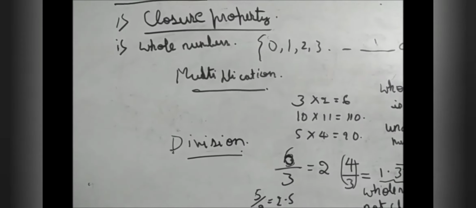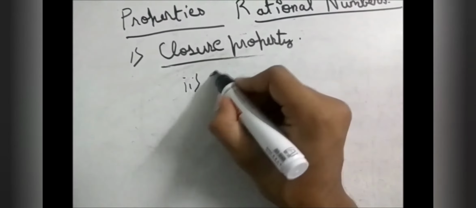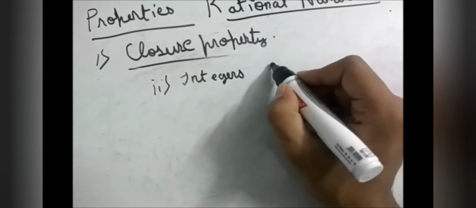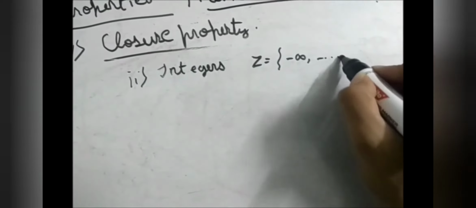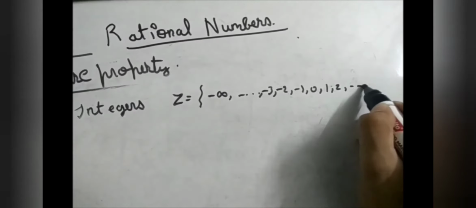Now let's see integers. We know the set of integers is from minus infinity to minus 2, minus 1, 0, 1, 2, and so on.